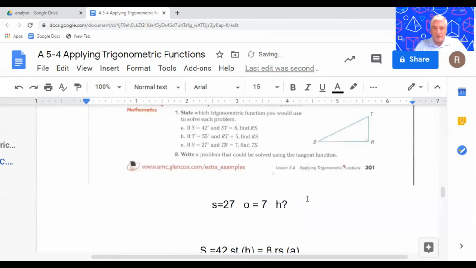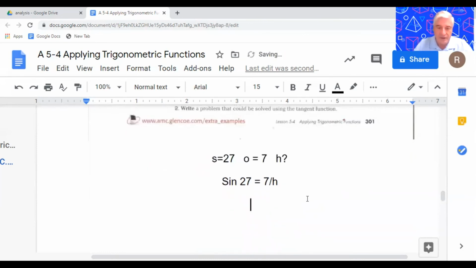So now we want sine of 27 is equal to 7 divided by h. Multiply both sides by h and you get h times sine of 27 equals 7.